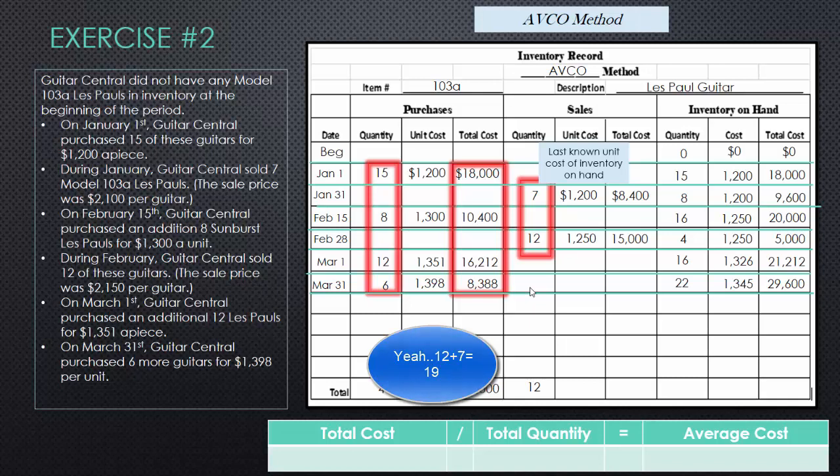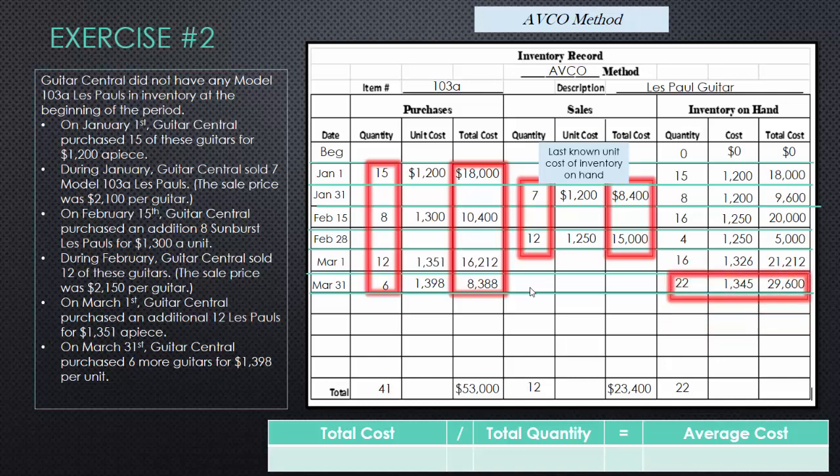We have a total cost of sales of $23,400. And then for our inventory on hand, we ended the period with 22 Model 103A Les Pauls in stock, and the total cost of those was $29,600.